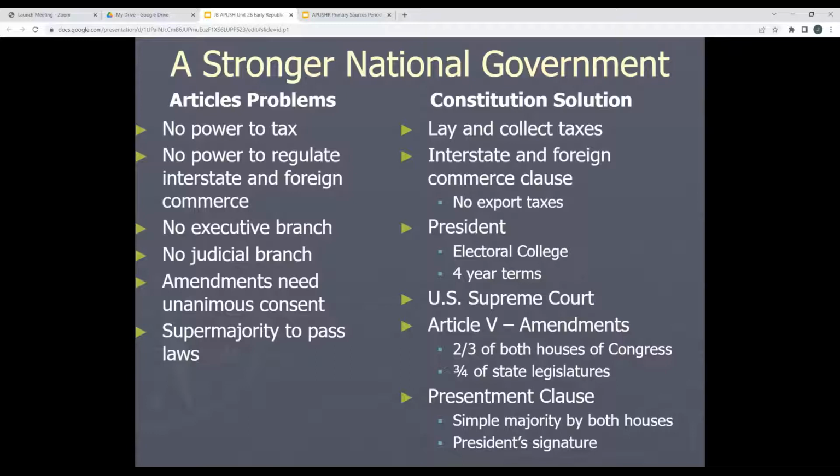Awesome. Another article problem. The national government could not regulate interstate commerce between states and foreign commerce. Think about that. In economics, the key is efficiency. This is inefficient. You have 13 individual sovereign states conducting their own regulation, their own commerce code with each other.